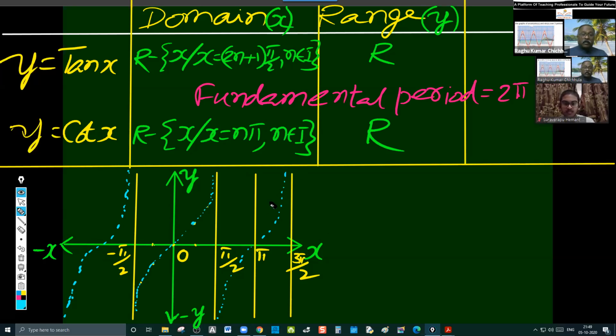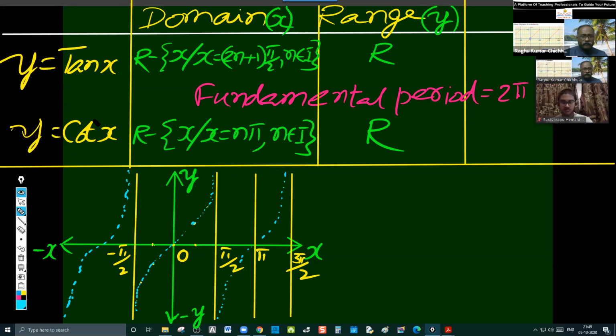But it is continuously increasing. Increasing means x value increases, y also increases. You can check it out by the values. Tan 0, 0, tan 30, 1 by root 3, tan 45, 1, tan 60, root 3, tan 90, undefined. As x increases, y also increases. That is said to be an increasing function.